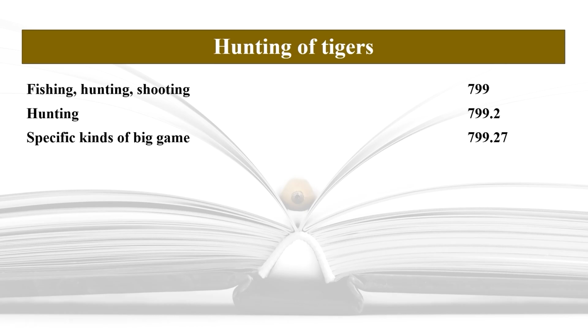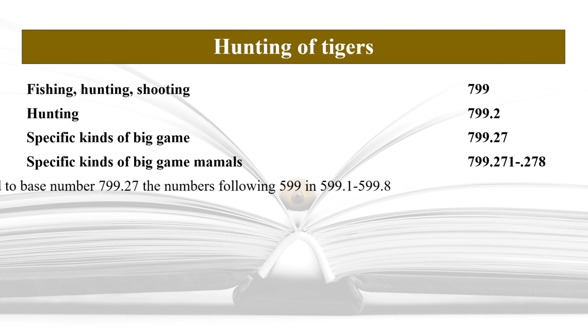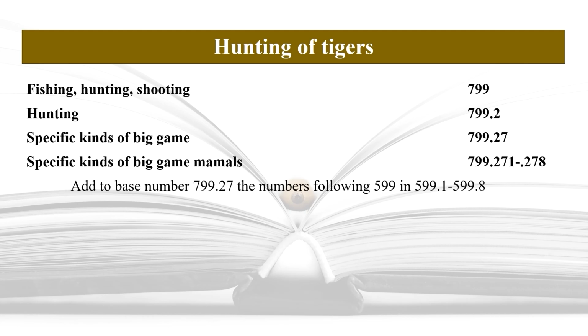You know, tiger is a big cat. So the hunting of tiger, or hunting of big game precisely, is 799.27. Specific kinds of big game mammals, and you know tiger is a mammal, is under 799.271 to 278. Under it there is an add notation: add to the base number 799.27 the number following 599 in 599.1 to 599.8.